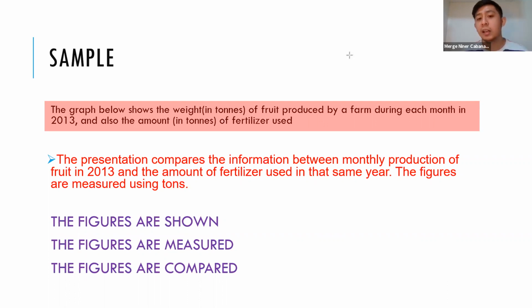Your task here, your what, is a line graph that compares the fruit production. Okay, so the amount of fruit, the weight of fruit, is your first who, and then the second who is your fertilizer. So both the weight of fruit and the fertilizer are my who, and I should put them in my introduction. Now, when did the study occur?